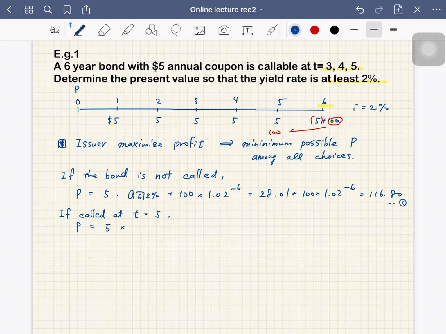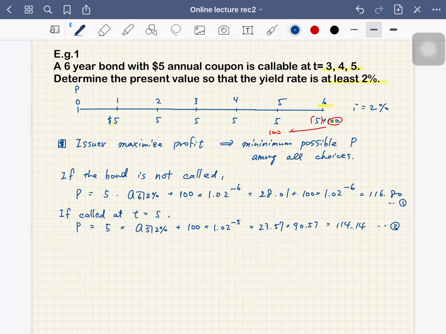So P is equal to 5 times a-angle-5 at 2%, and 100 times 1.02 to the power negative 5. So this becomes 23.57 plus 90.57. So this becomes 114.14. So actually this is lower than the last one.